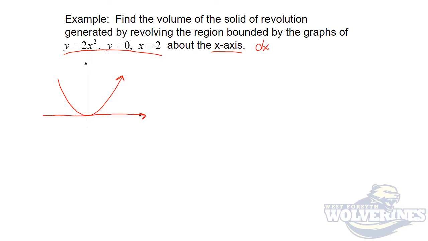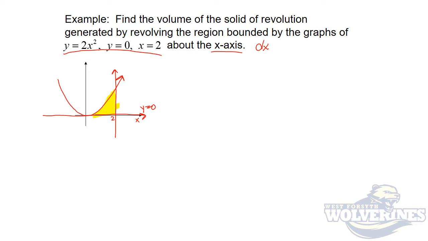Cool. And then x equals 2. That's a vertical line. So that means that I'm going to cross the x-axis at 2. Okay, so the region bounded by those curves is going to be this kind of curvy triangle in here.